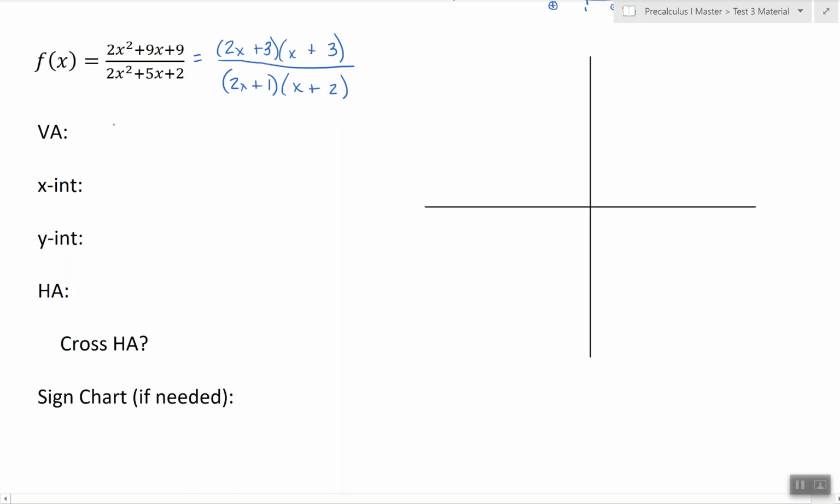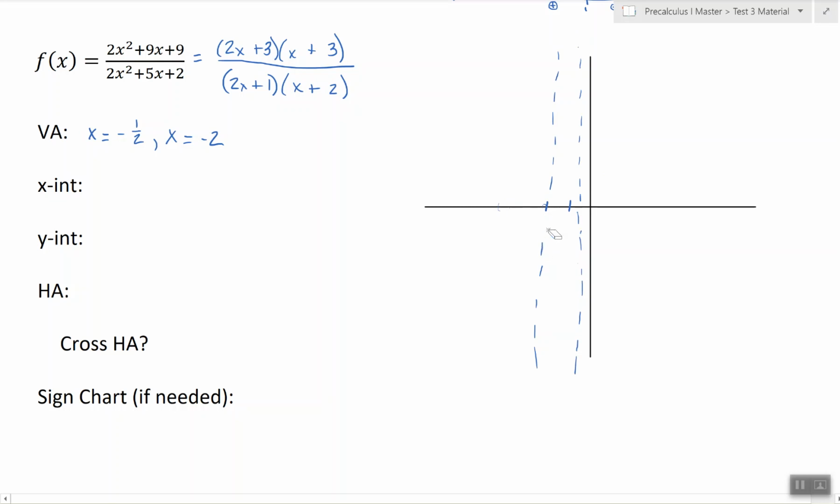Vertical asymptote, remember, comes from the denominator, whatever makes it undefined. So x equals negative half and x equals negative 2 are going to make this function undefined. So I have two vertical asymptotes on this one, and you go ahead and graph that if you want.